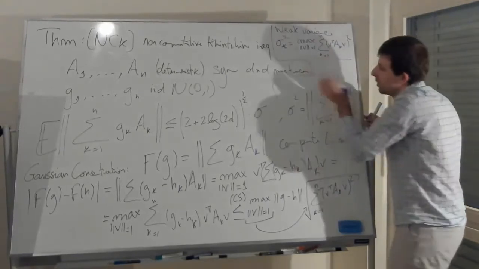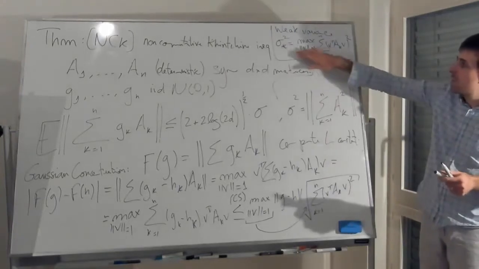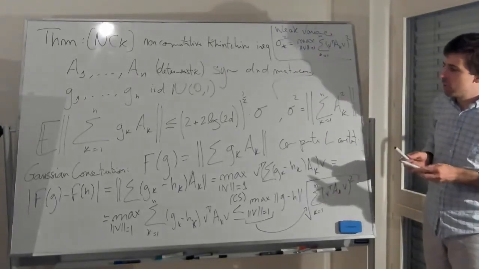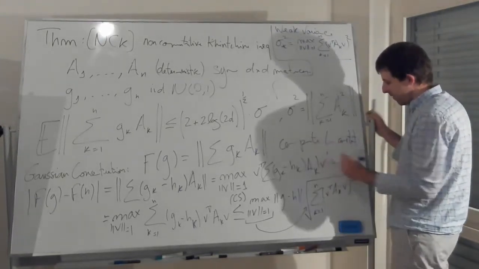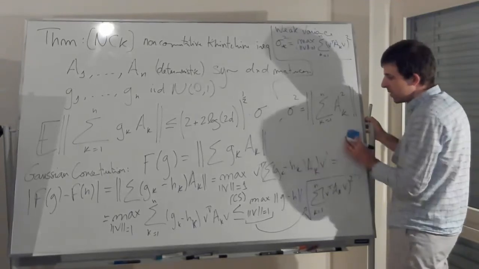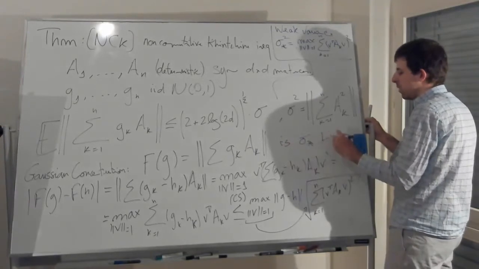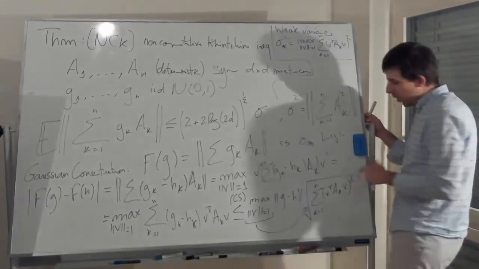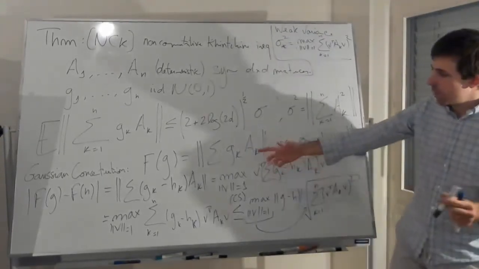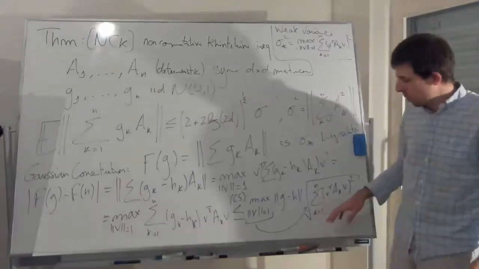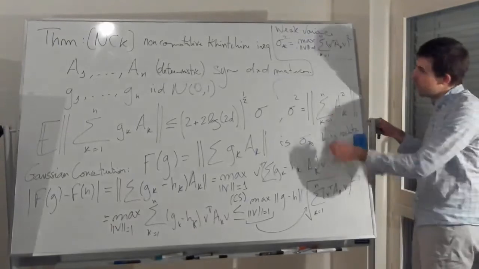This will be a different variance parameter, and essentially f is sigma star Lipschitz. So we compute the Lipschitz constant, and now I can say this function is sigma star Lipschitz, because this is exactly the inequality we have. This difference is smaller or equal than the norm times this constant, the square root of the square of that.